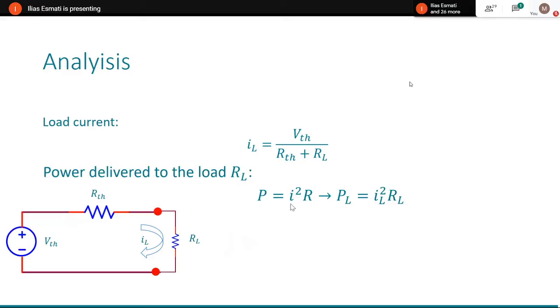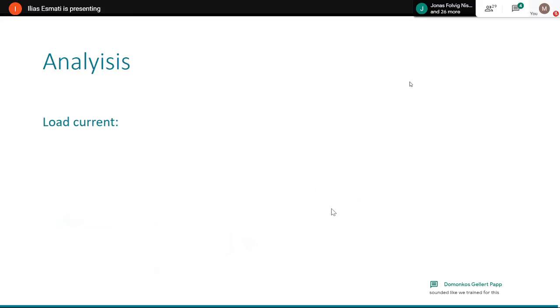So power is equal to I squared, current squared, multiplied by R. If I know the current, how do I know the current? I can get it by the simple relationship we learned in the first semester: source divided by resistor. In this case, I have two resistors, so I simplify it and have one. You can also say this is my total resistance. Then I know what the power is.